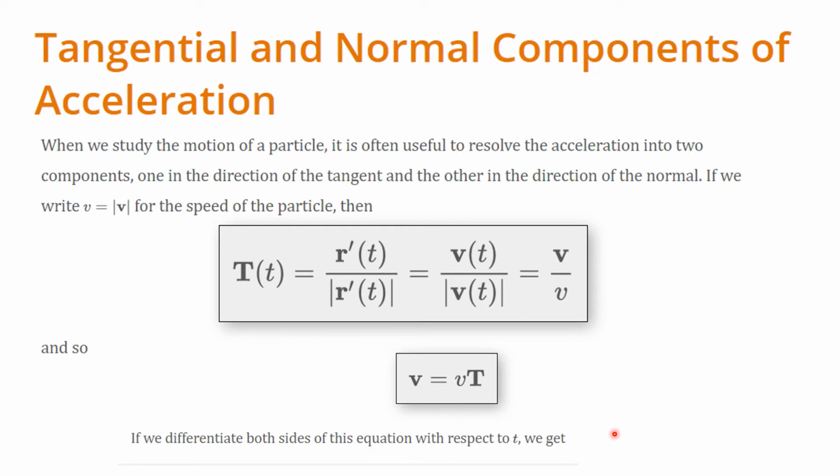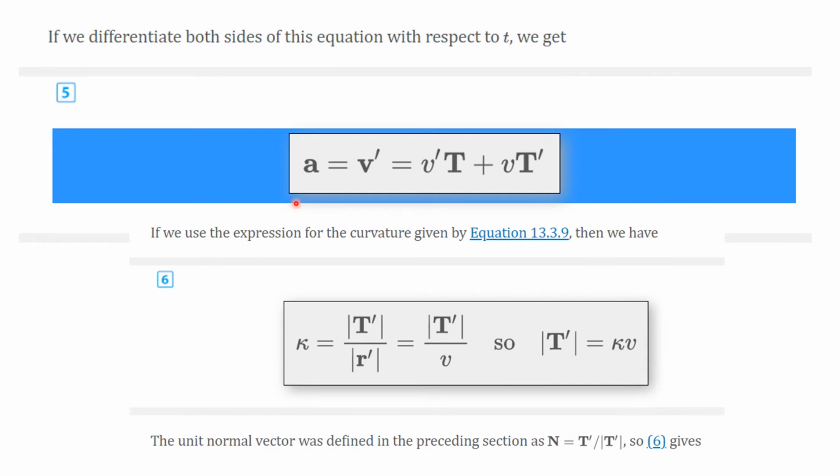So if we differentiate both sides of this equation with respect to t, this is a product rule. So we will do the rule. What we get is the derivative of the first times the second plus the first times the derivative of the second. Now, we do know that the curvature is the magnitude of T prime over the magnitude of r prime, which is v.